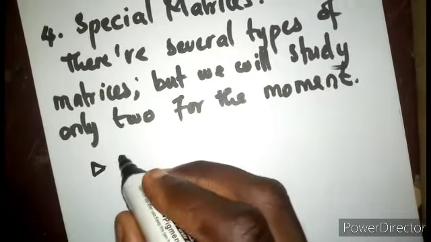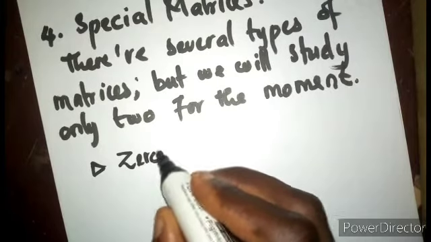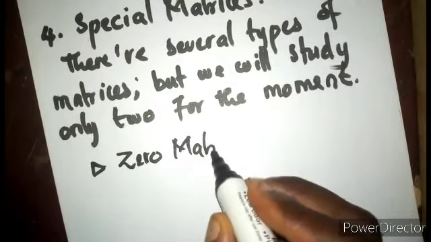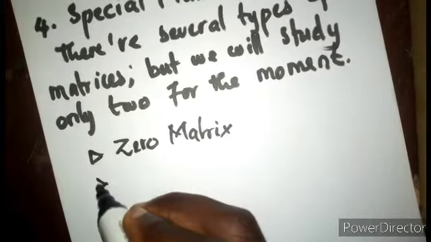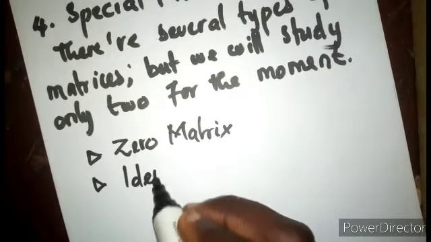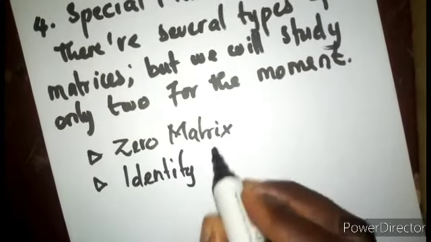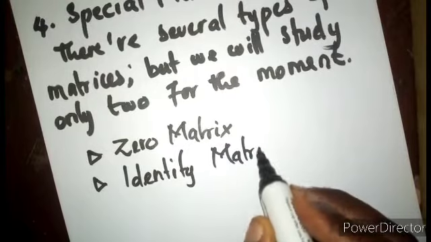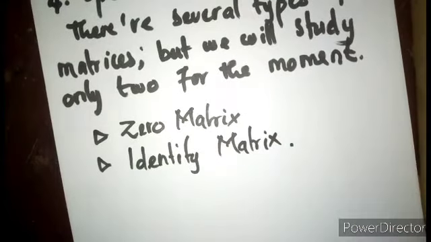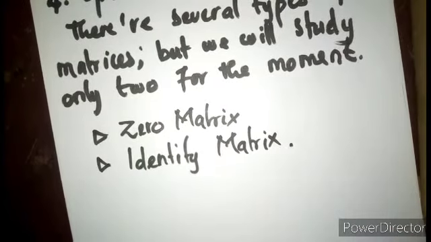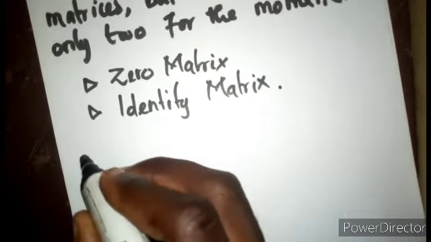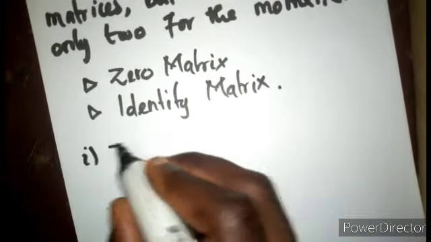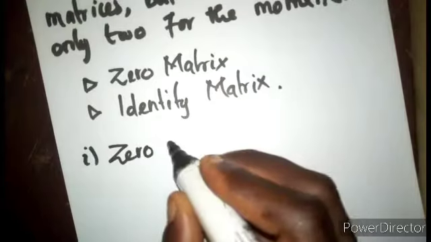We have the zero matrix and the identity matrix. Number 1, Roman 1, is the zero matrix.